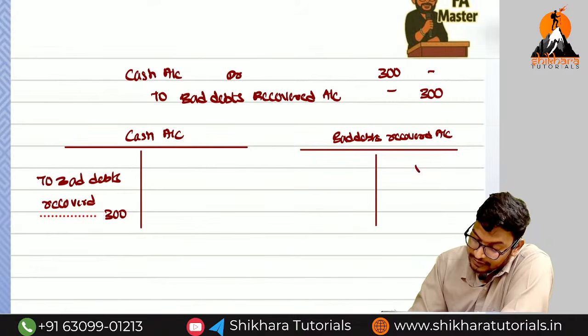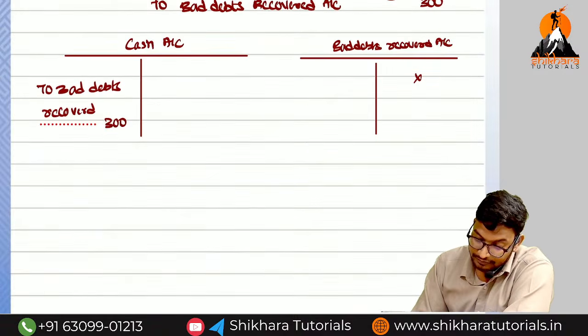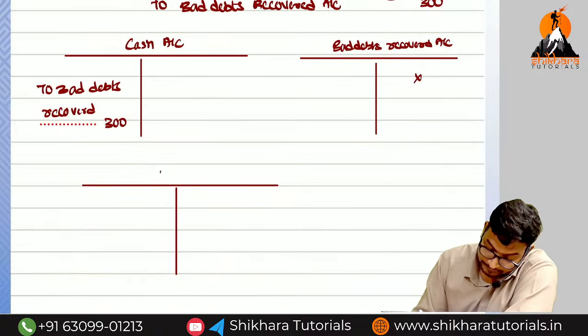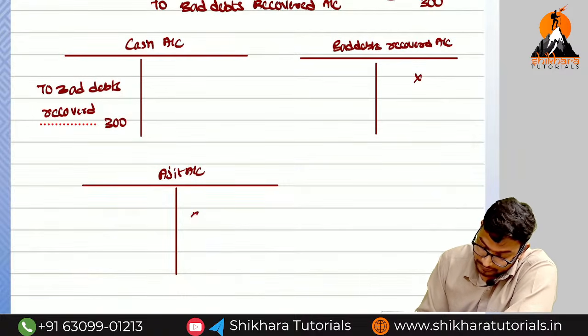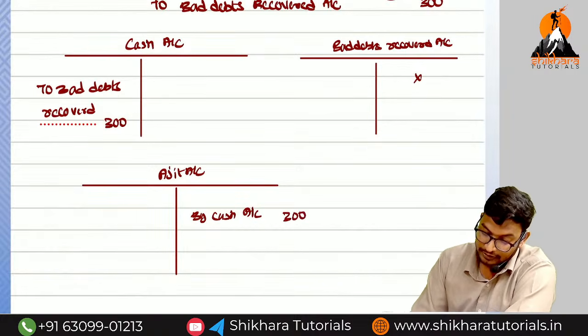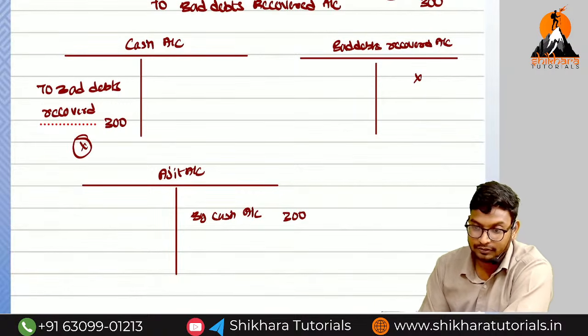Credit side. But we have not recorded here. We have recorded in the Ajit account, against cash account. So how much? 300. Now this one is correct, so don't disturb this one.